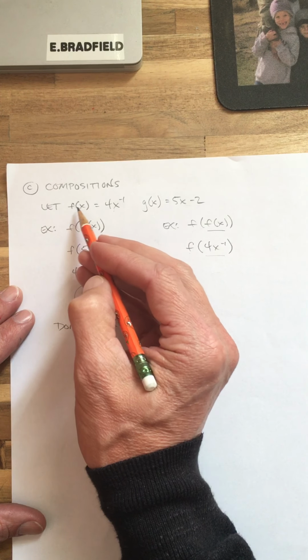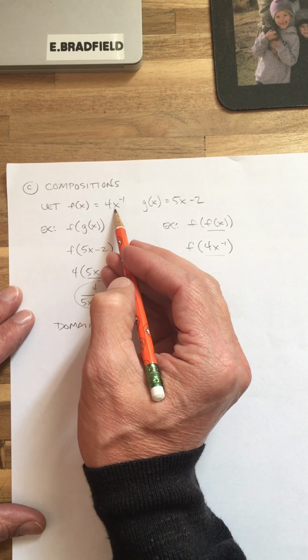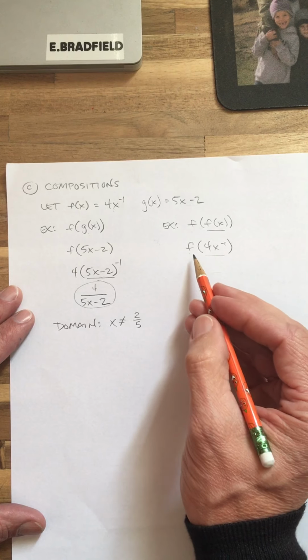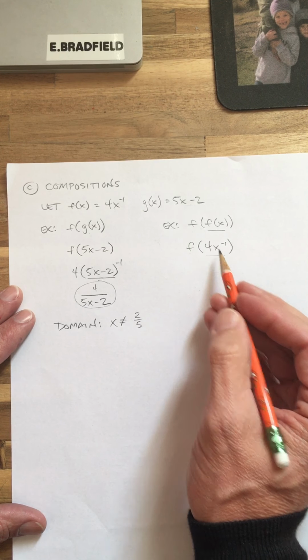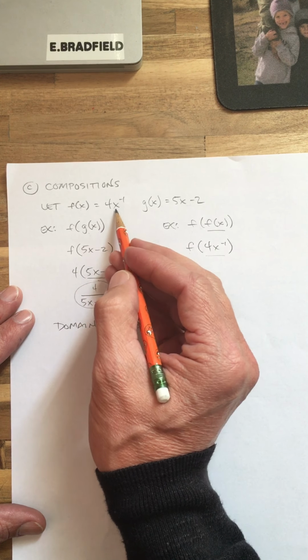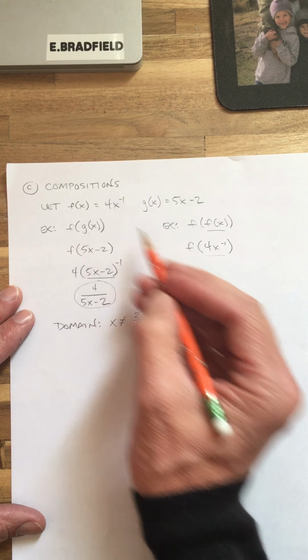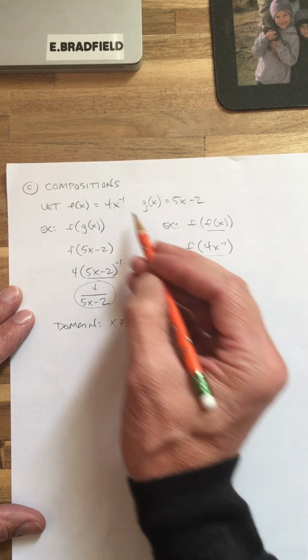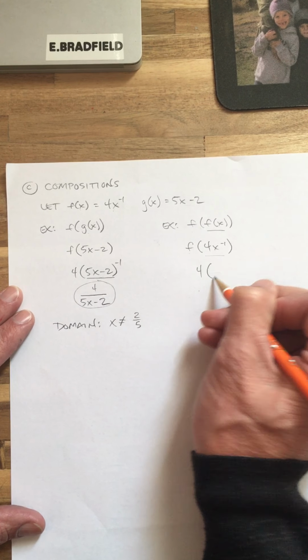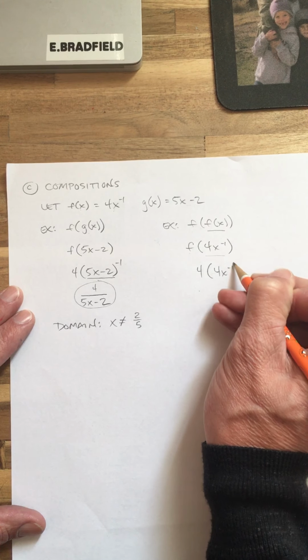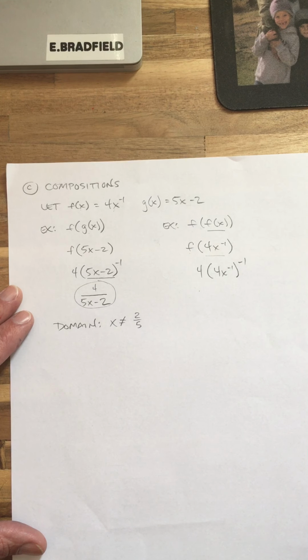Now we're going to take f of this. Well, remember, f of x is 4 times x to the negative 1. So f of 4x to the negative 1 is going to be 4 times 4x to the negative 1 to the negative 1. Remember, whatever your x is, you're just going to replace that with your x. You'll get used to it, trust me.